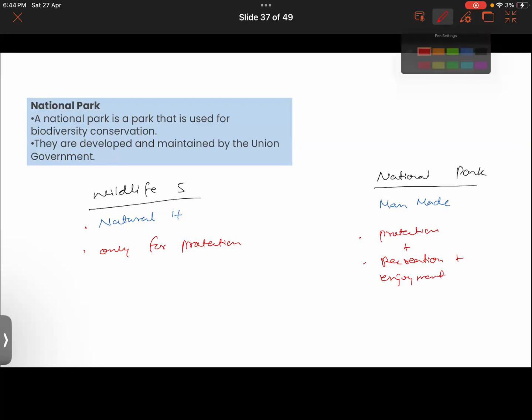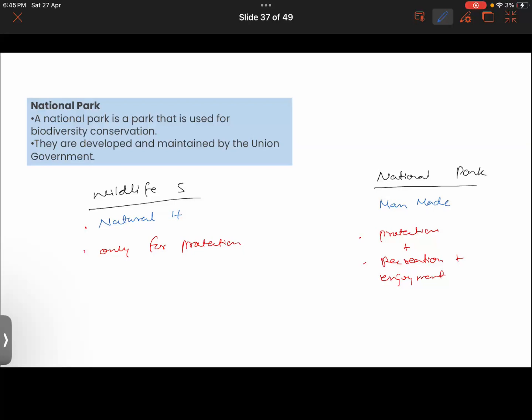Then we studied one more difference: will visitors have easy access to the wildlife sanctuary? They need permission, right? Yes. With permission, or if they go there, they have to be escorted by the guards. They can't go into the wildlife sanctuary without being escorted by guards.